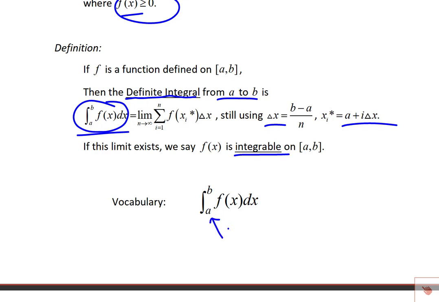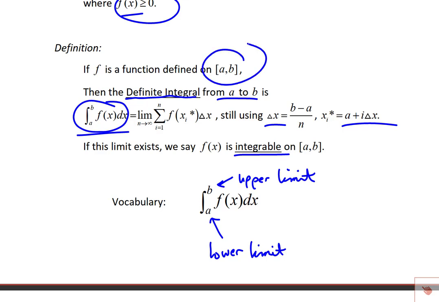The subscript a is the lower limit, or lower bound, and the upper superscript b is, of course, the upper limit. Those values come directly from the interval on which this function is being considered. We talked about being on a closed interval from a to b. Well, that's exactly what those boundaries are.